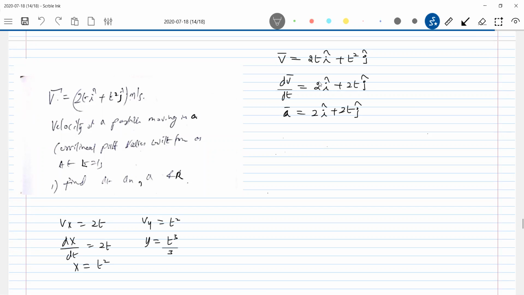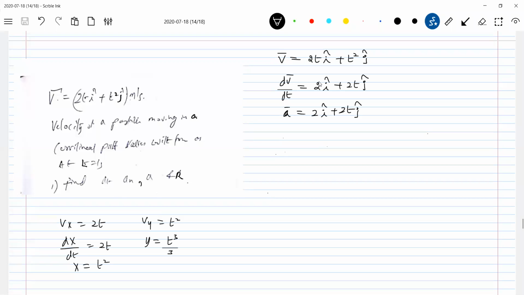Are you getting that one? So we are going to get some resultant path, somewhere like this. It's a rough idea. At t equal to 0, the particle is at the origin.